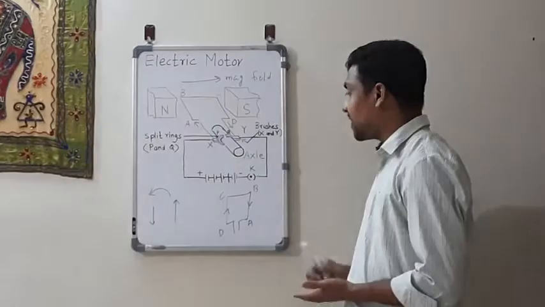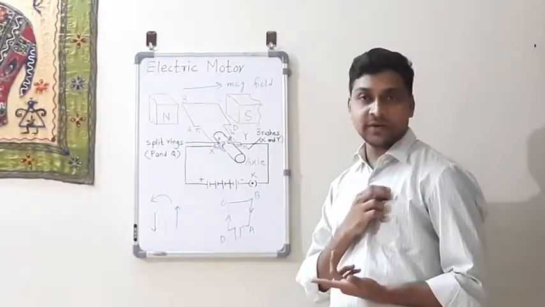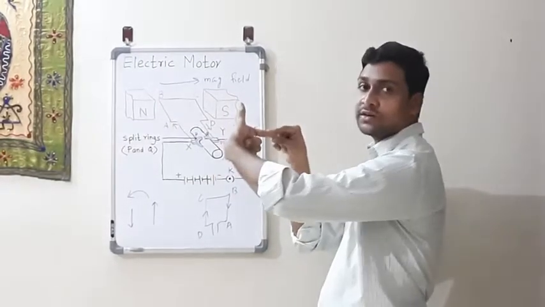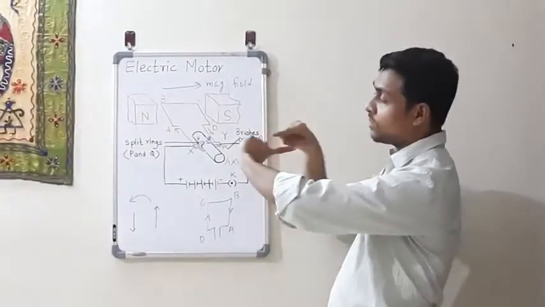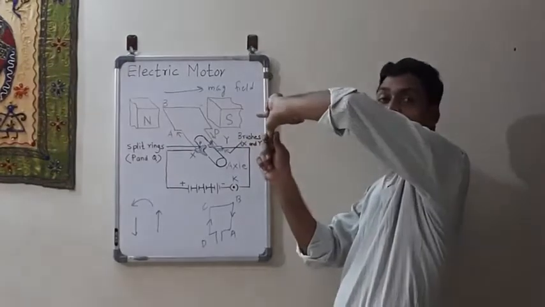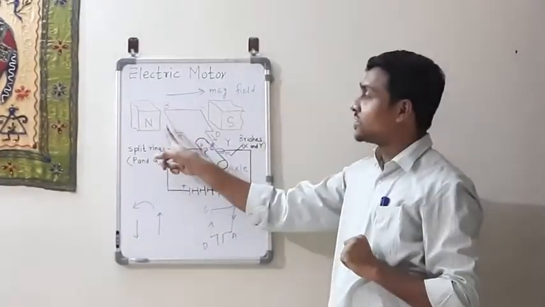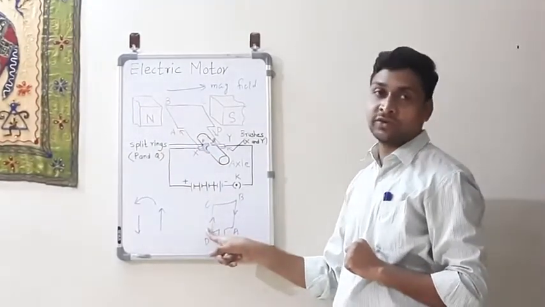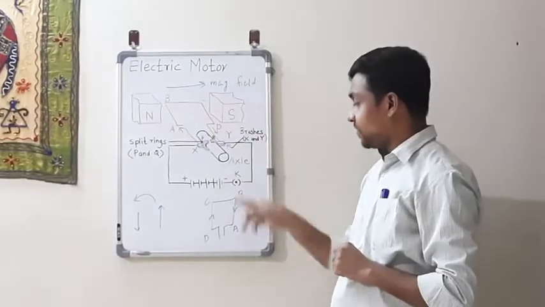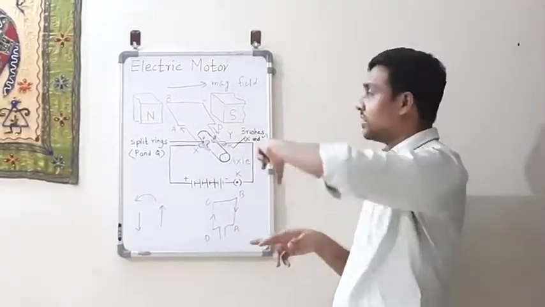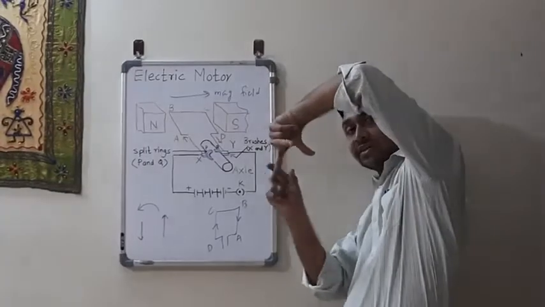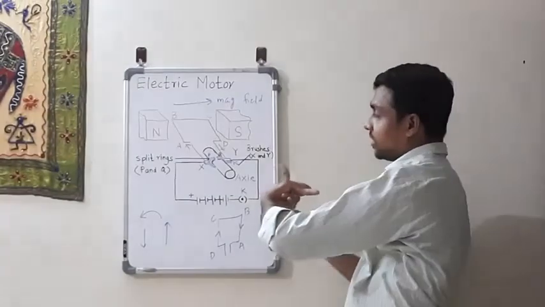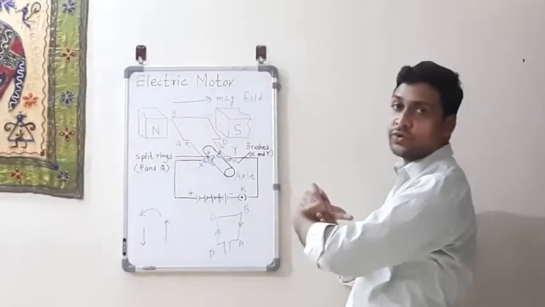Next, we can use Fleming's left hand rule over here. From north to south, the magnetic field is shown by the first finger. Current is moving from D to C, and it will experience a force in the downward direction. In the first case AB was feeling a downward force; now CD is experiencing a downward force, and in the same way BA. The BA wire is here, so the current is moving in the outward direction, and it will experience a force in the upward direction.